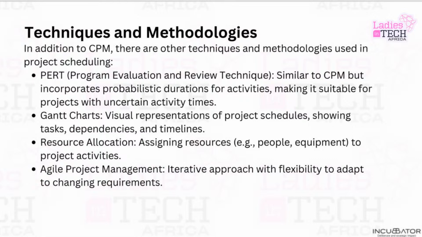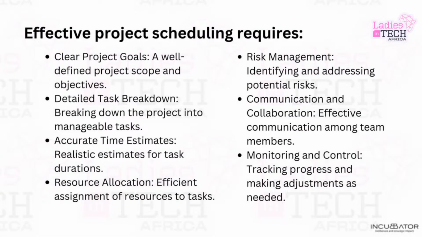In the next slide from last class, we wrote that effective project scheduling requires clear project goals, which is the scope, objectives, mission, and vision of whatever that project may be, how you wish to obtain it, where you wish to be, and how the post evaluation of that project is meant to be.